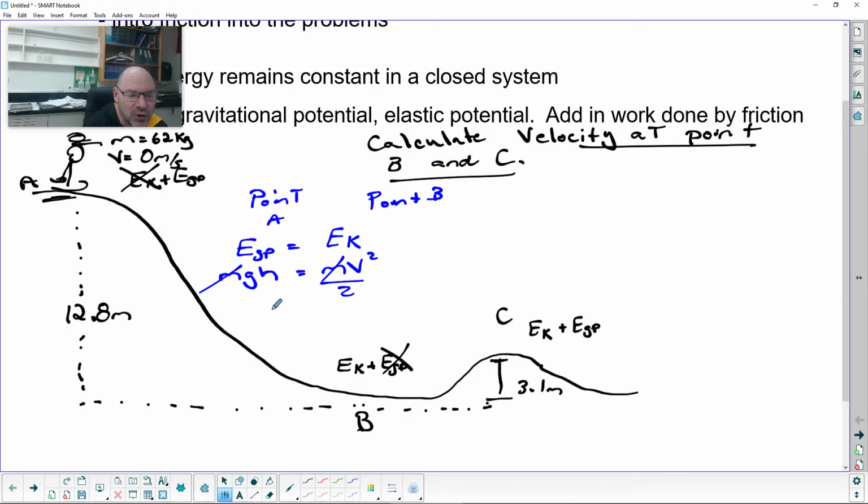So we'll go and solve at point B. So here we have our gravitational energy, 9.8 meters per second squared. Or sorry, our gravitational constant, not energy. Our height at point A is 12.8 meters.